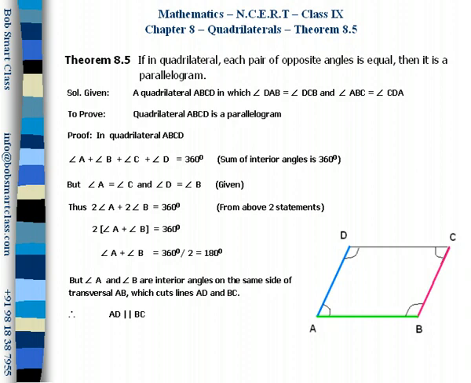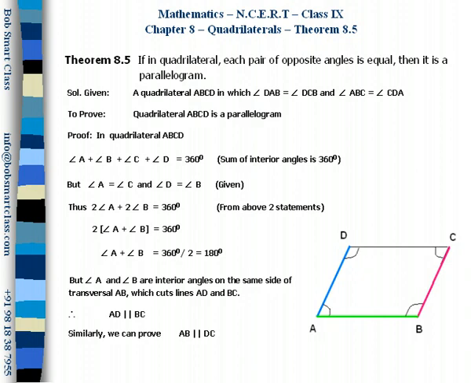Similarly, we can prove AB parallel to DC, as we can replace angle C with angle A in the earlier statement, having angle B plus angle C equals 180 degrees.